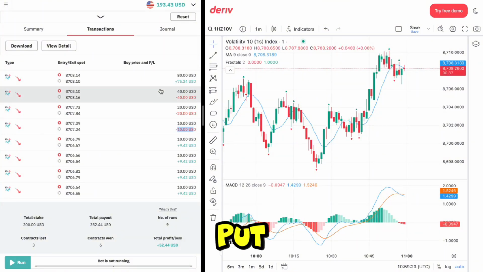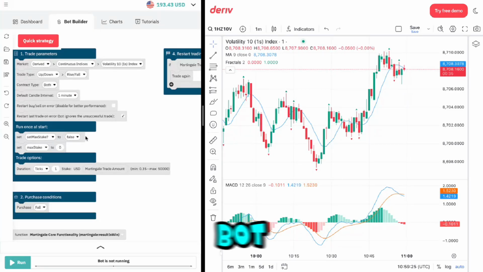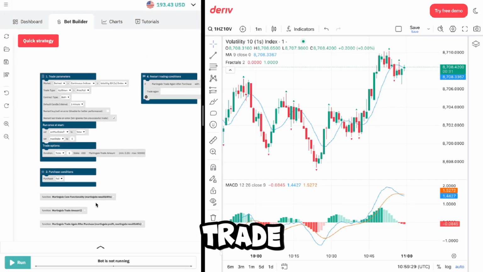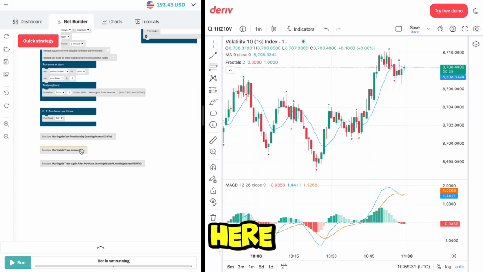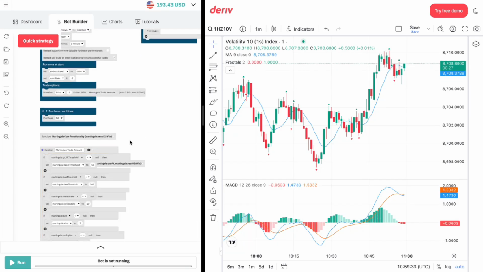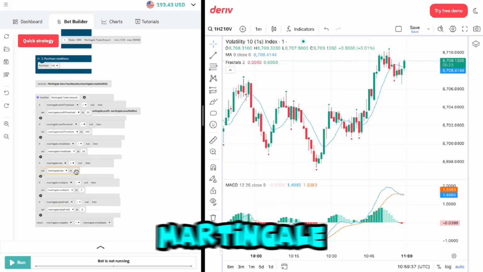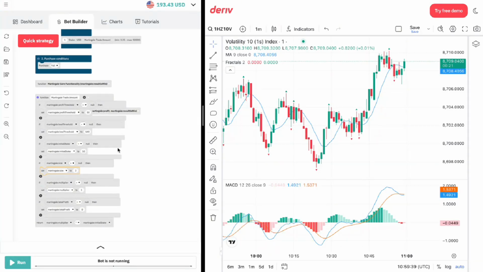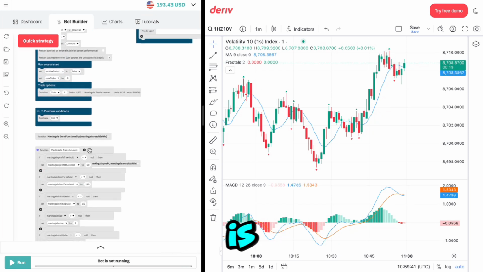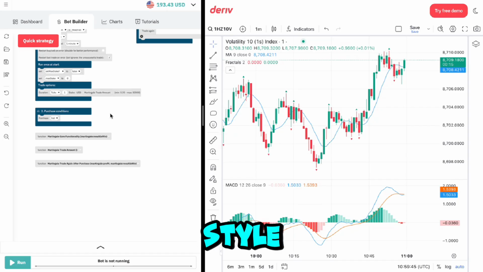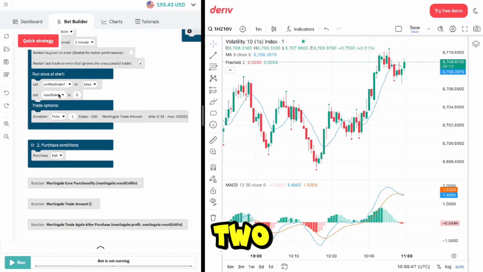So because I had put a size of 2, if you come to the board here, martingale trade, let me just find that here on this block. So you can see, set the martingale size to 2 in case of a loss.